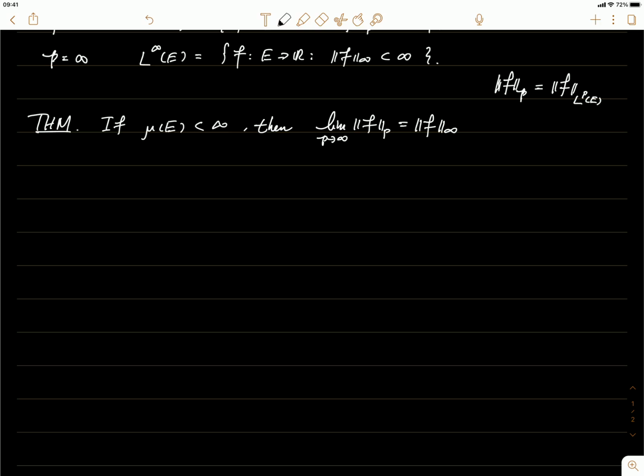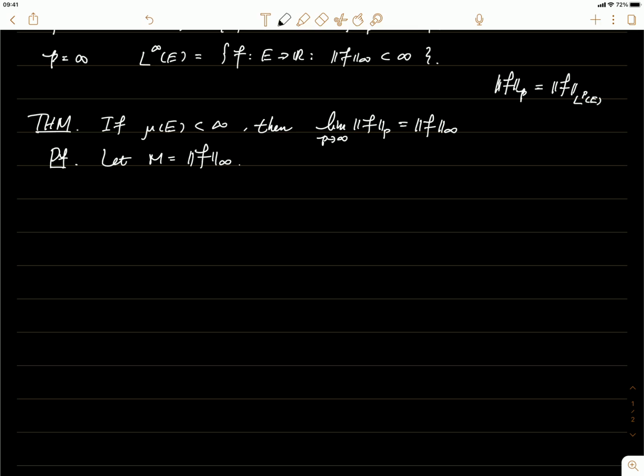All right, so let's show this limit. First of all, the set E is given to have a finite measure, and the function f is given, so we set m to be the infinity norm of f.